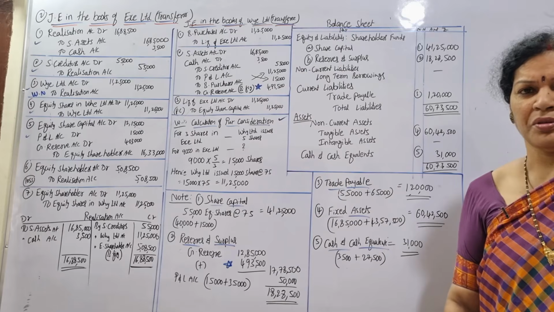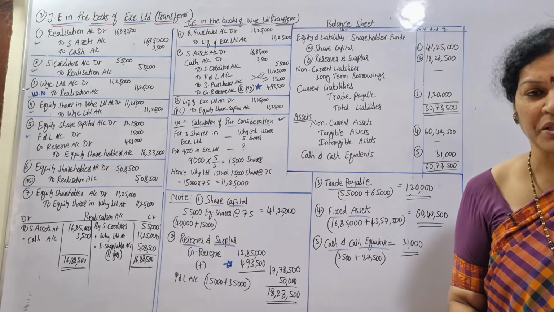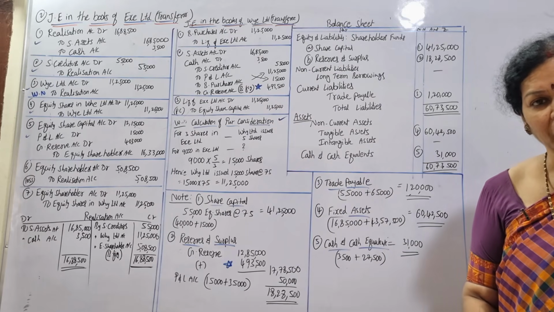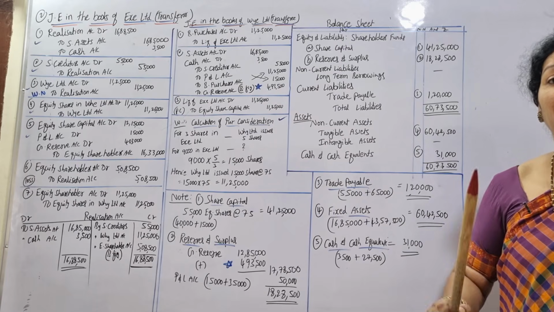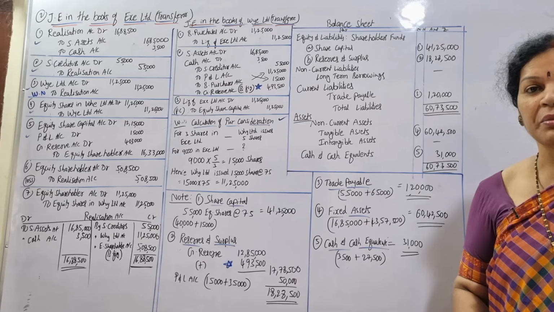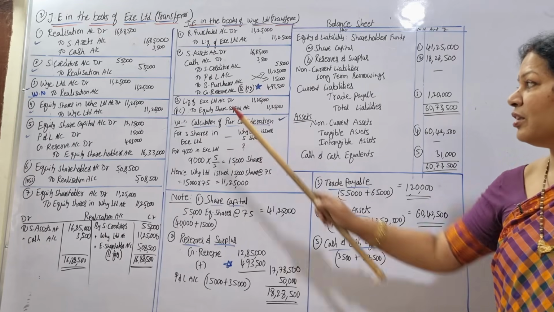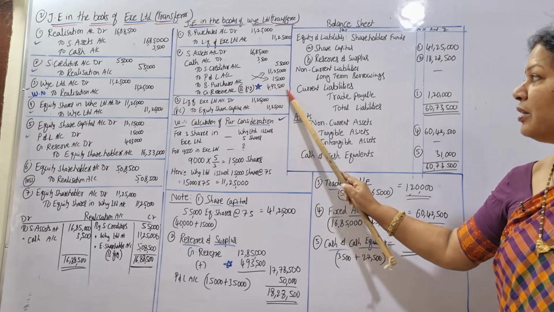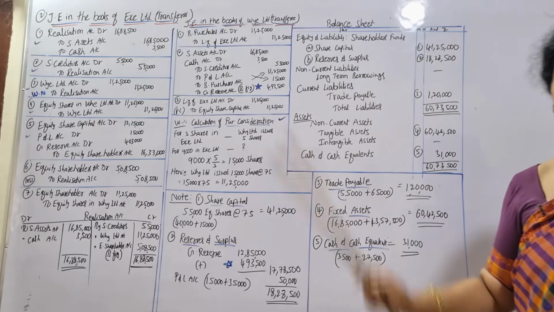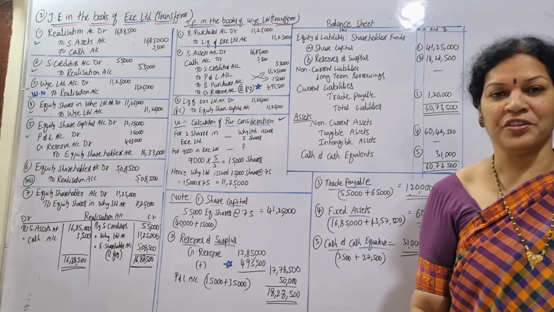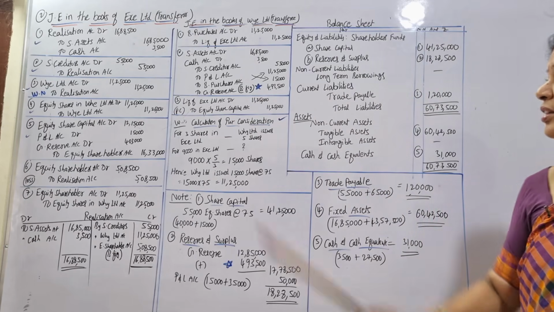General reserve. This is as per the merger method. Merger method means you consider the balancing figure, whether it is on the debit side or credit side, as general reserve only. So general reserve is the balancing figure, you got this much. This we are going to consider in the balance sheet. Remember this point. This is over.